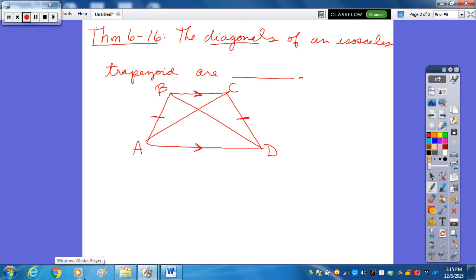We're going to compare BD and CA, and in order to do that, I'm going to redraw those two triangles separate of each other. The two triangles I was referring to would be ABD and DCA.